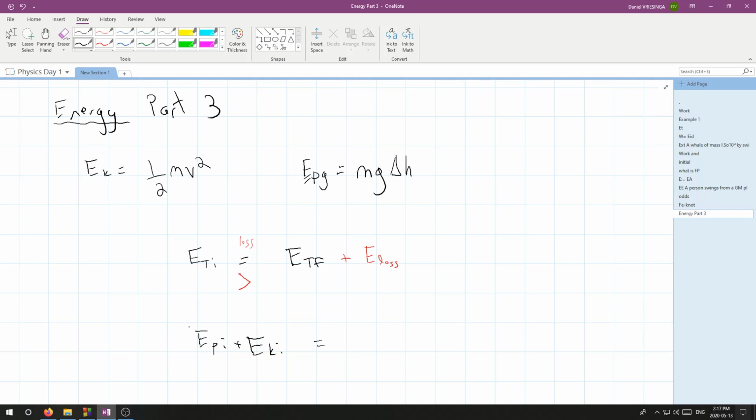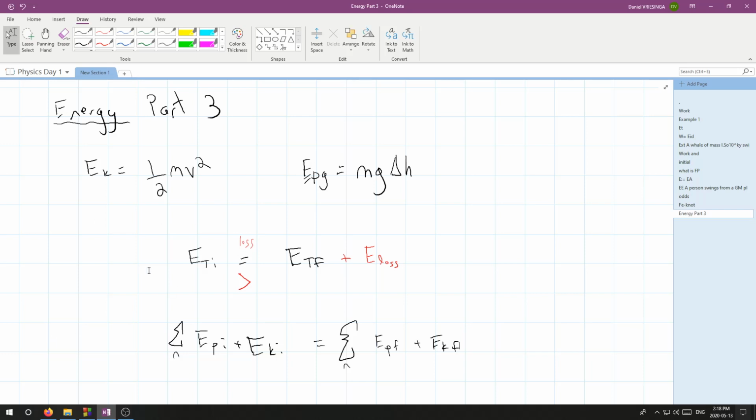So I could put a summation here over all of my objects. And then that's going to equal the potential final energy plus the kinetic final energy.